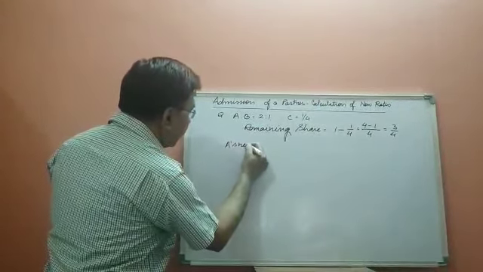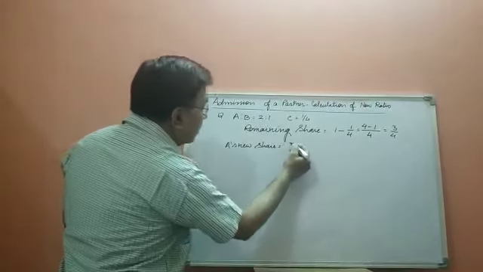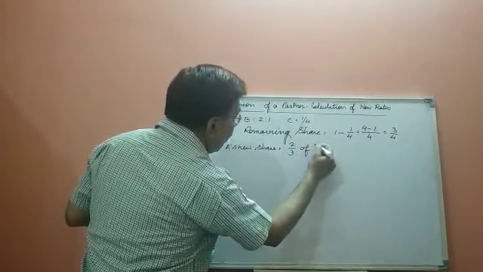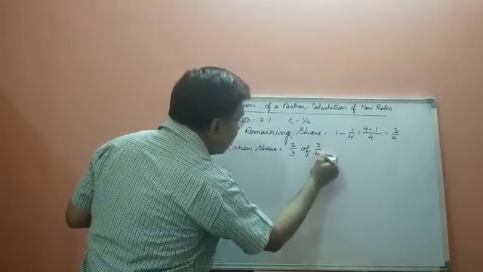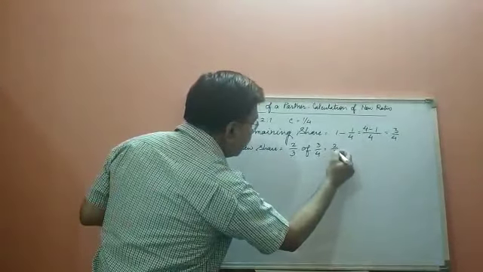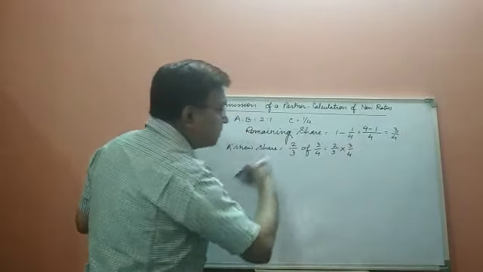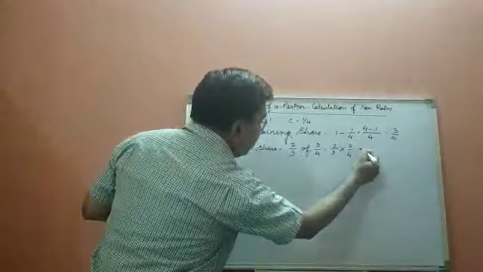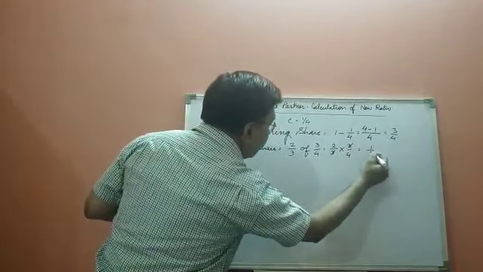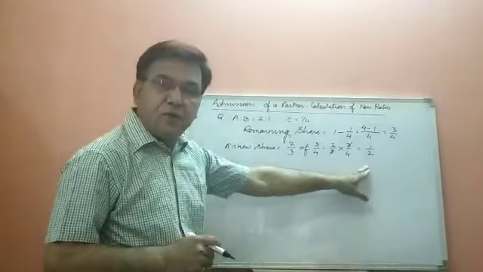A's new share is equal to 2/3 of 3/4, or 2/3 multiplied by 3/4. Now if you cut this, it is 1/2. So A's new share is 1/2.